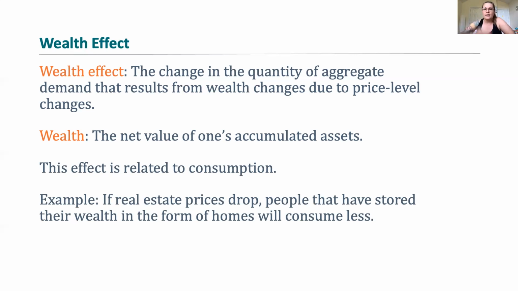On the other hand, if price levels fall, so overall prices go down, your dollars now go further. In other words, your purchasing power of wealth has risen. You're now able to buy more, and that C piece of aggregate demand, consumption, would rise. So the wealth effect is directly going to be related to the C in this equation for aggregate demand, consumption.